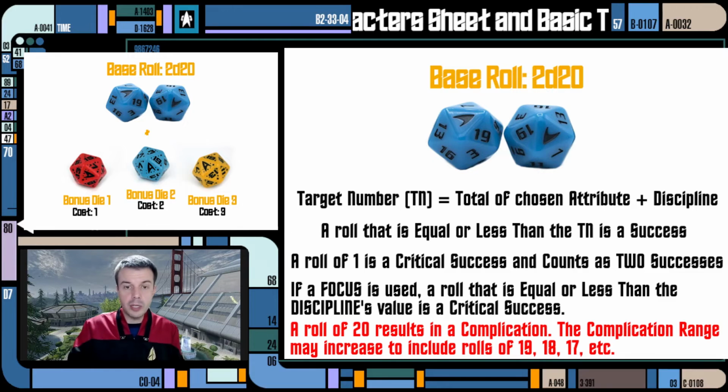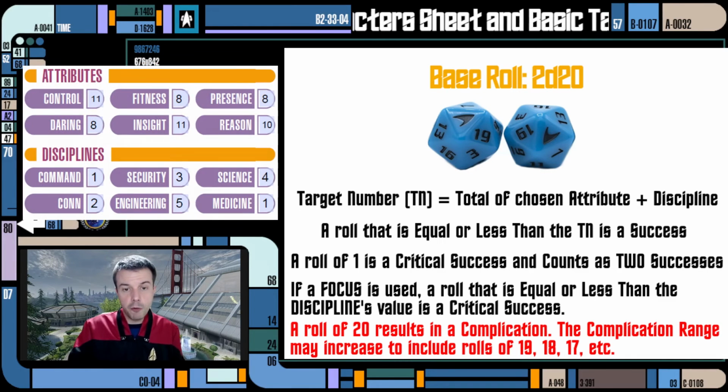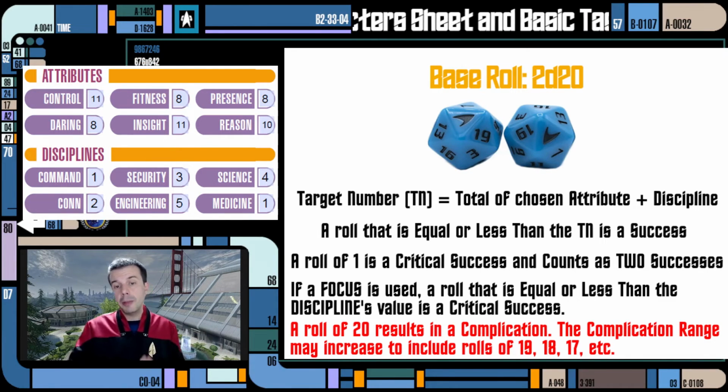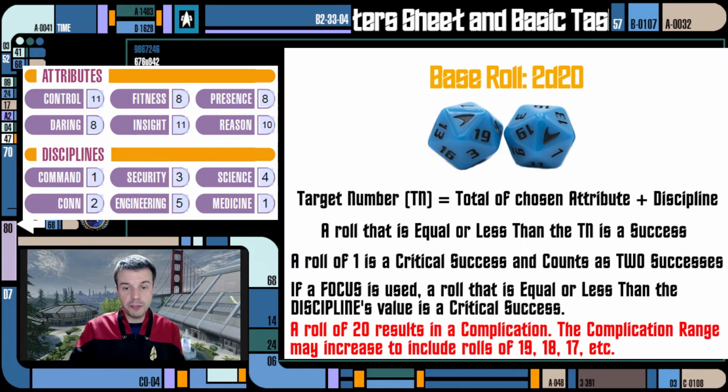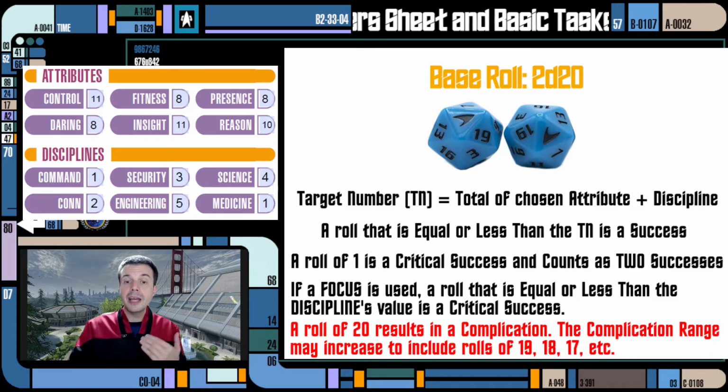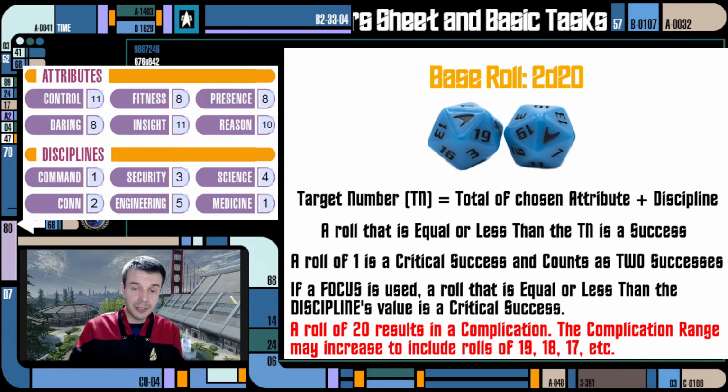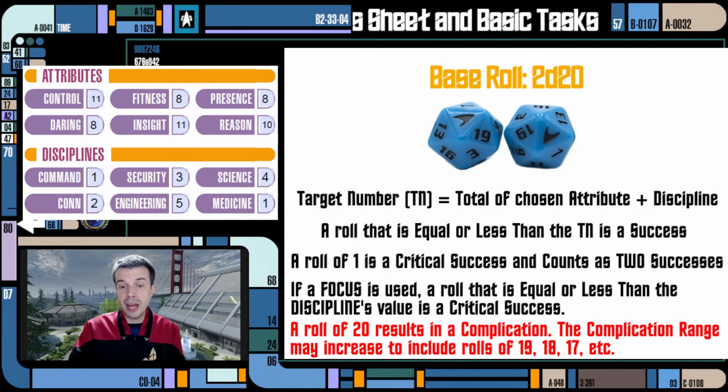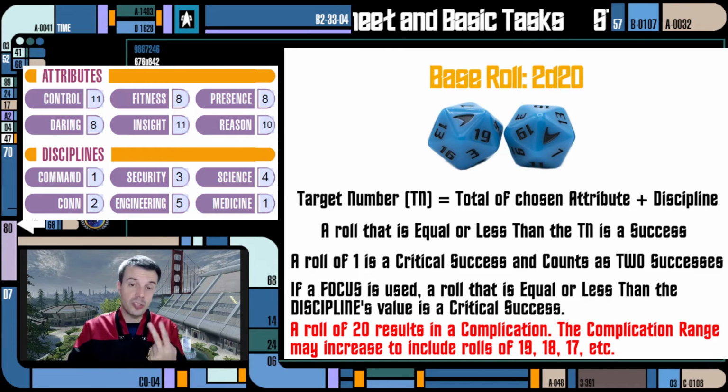So for Doran, his science is 4. So he was doing control plus science for the sensors roll. That's 15. Anything 15 or less is going to be a success, but his sensor focus applies. That means that his science discipline is 4. So any roll that is a 4 or less now counts as 2 successes.